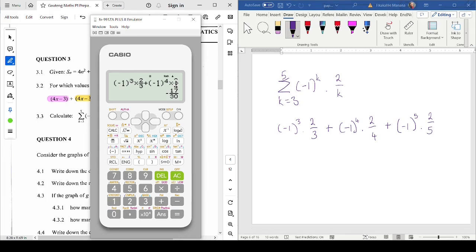That's going to be equal to minus 17 over 30. Now that is your evaluation.